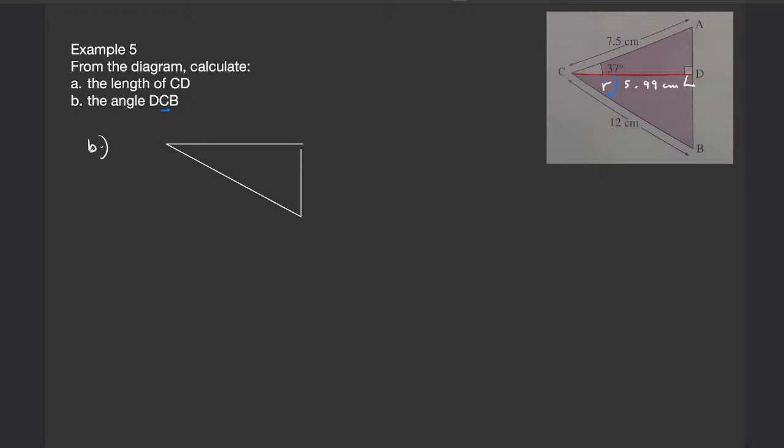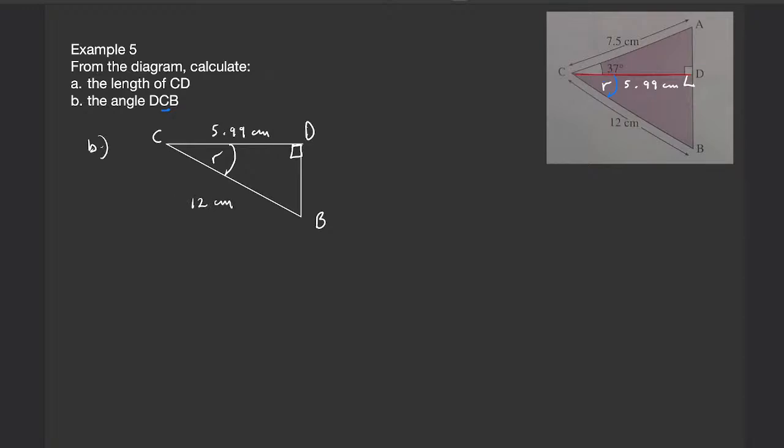So we have DCB. Our right angle is on corner D. All right, and our angle, what we want to find is R right here. We know CD is equal to 5.99 cm, and we know CB is 12 cm.